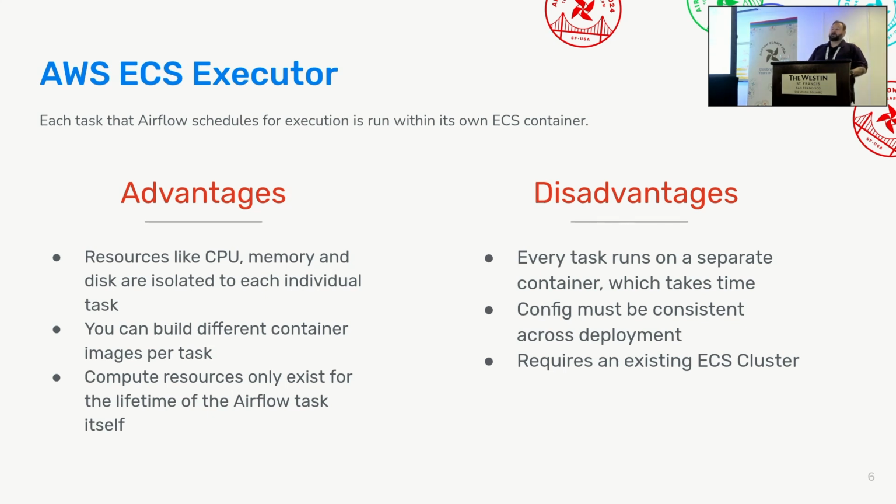The other one that we liked with this one is that each container can have its own separate Docker image. So if you have dependencies for certain tasks, but you don't necessarily want to load up all these dependencies every time you start a 2-second task, you can do something like that. So just as an example, these are the things that we were looking for specifically and why we came up with ECS.